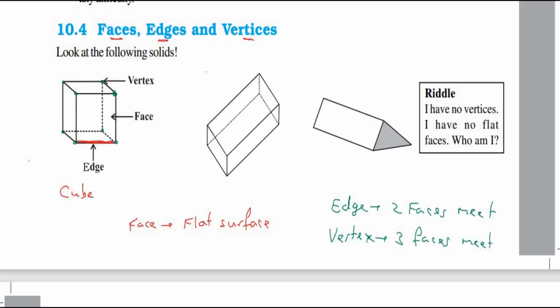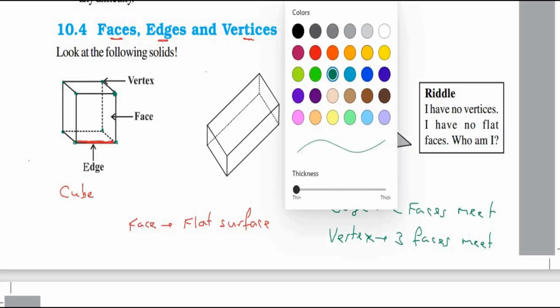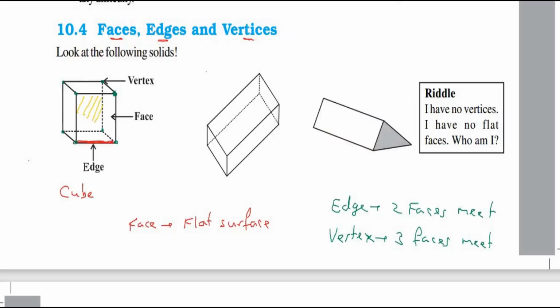Let's say I'm drawing the face as yellow. This first face, we can see. The second face at the back, and the third face on top. The three faces are meeting at this point, which is the vertex. So three faces meet at a vertex.